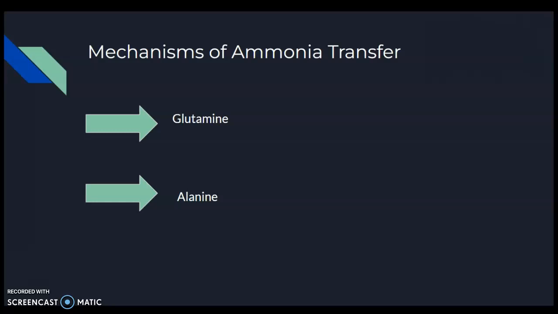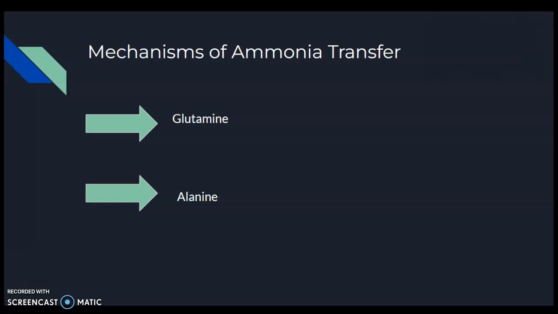So if we recall, ammonium needs to be disposed of in the liver via the urea cycle, so we need a way to get it there. The first mode we're going to discuss is glutamine. Imagine we have a bunch of free ammonium in our cells.